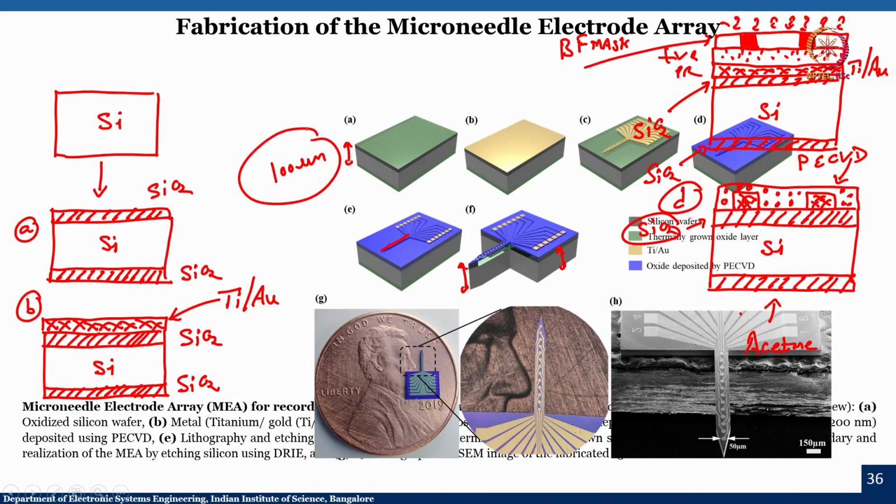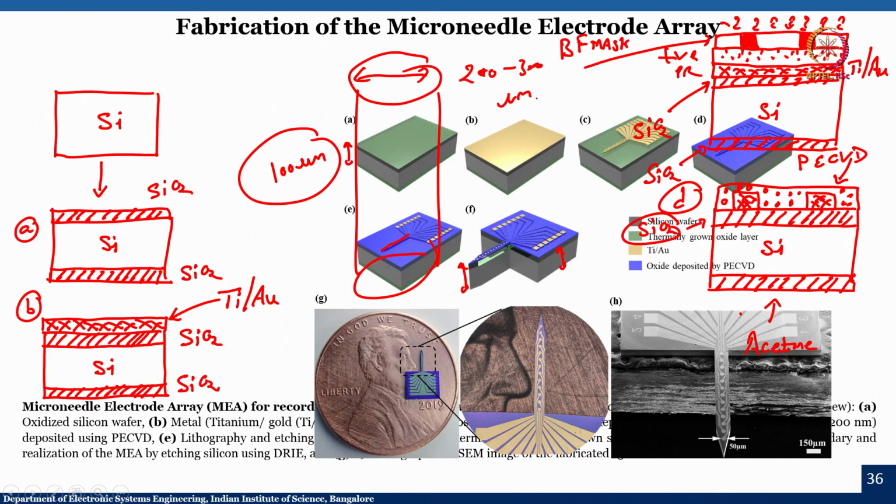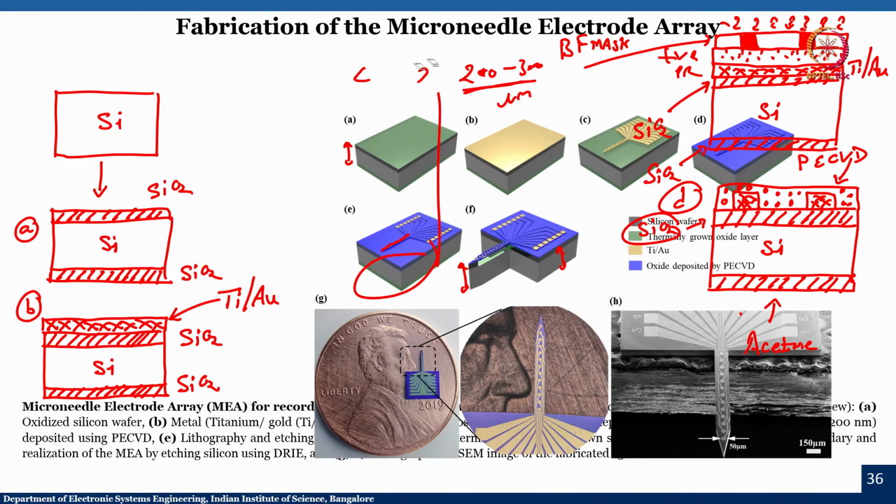Why is 100 micron thickness used? Because when you implant this needle, the diameter of the column would vary from 200 to 300 micrometer. 100 micrometer will go in and can record the signals. That is the reason for using a 100 micrometer thick wafer, so that finally the microneedle thickness will also be around 100 micrometers.